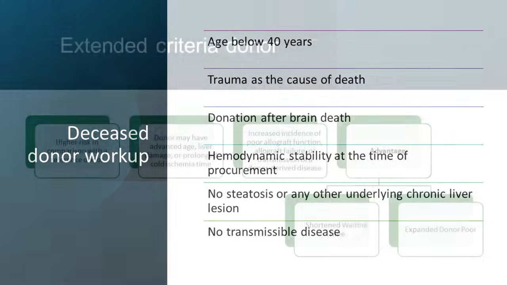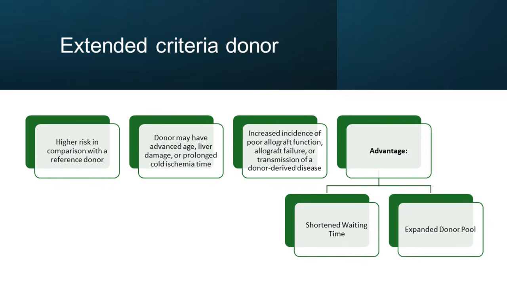So you have an extended criteria donor. In extended criteria, you know there is a risk in taking that, but at least you're not putting somebody as a living donor for this patient. So there may be a little advanced age. You may be taking somebody even up to 60, 65. There may be some amount of liver damage, some amount of fatty liver. There may be a prolonged cold ischemia time because suppose the liver is coming from Aurangabad.